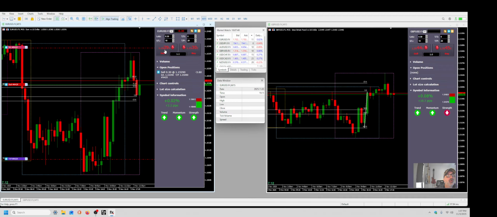So each tick is worth $3. All right, so it looks like we're down 2 ticks here. So from the entry to now, it's a little less than 2 ticks.